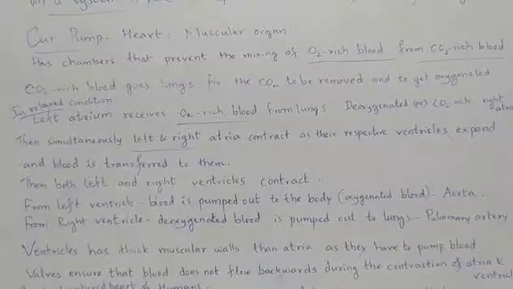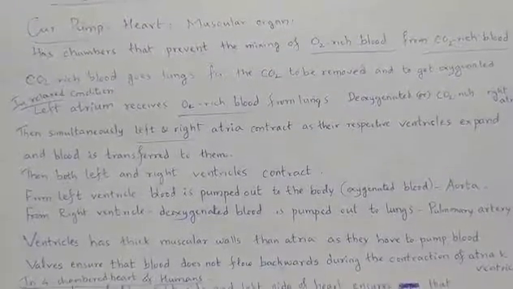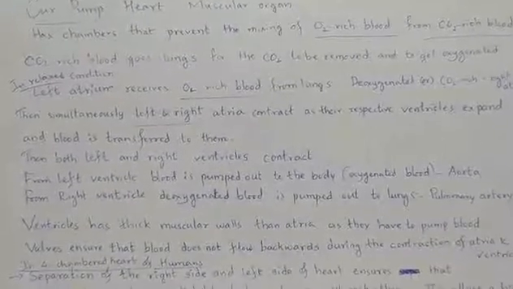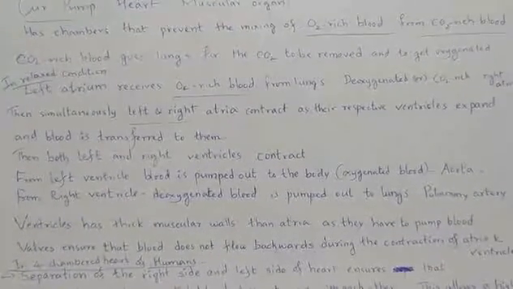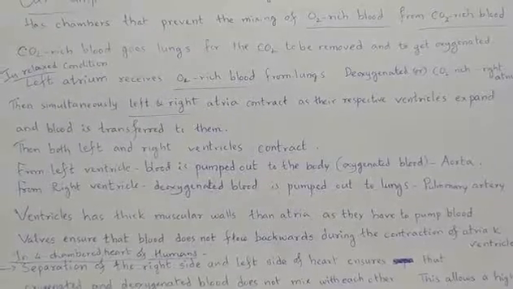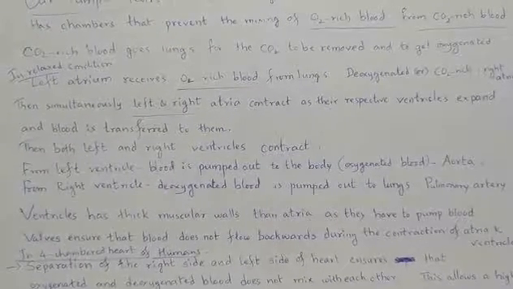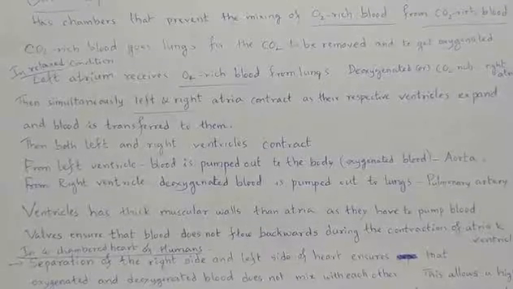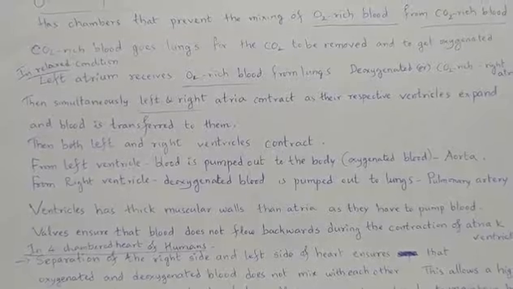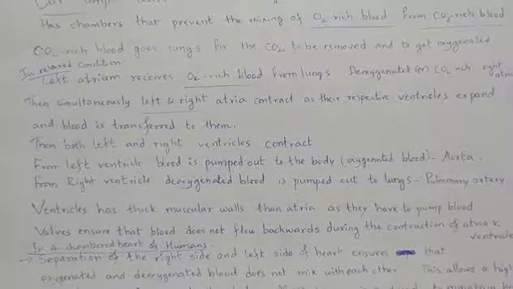The left atrium receives the oxygen-rich blood from the lungs, and the right atrium receives the deoxygenated or CO2-rich blood from all body tissues. When the atria are receiving the blood, they are in a relaxed condition, not in a contracted condition.